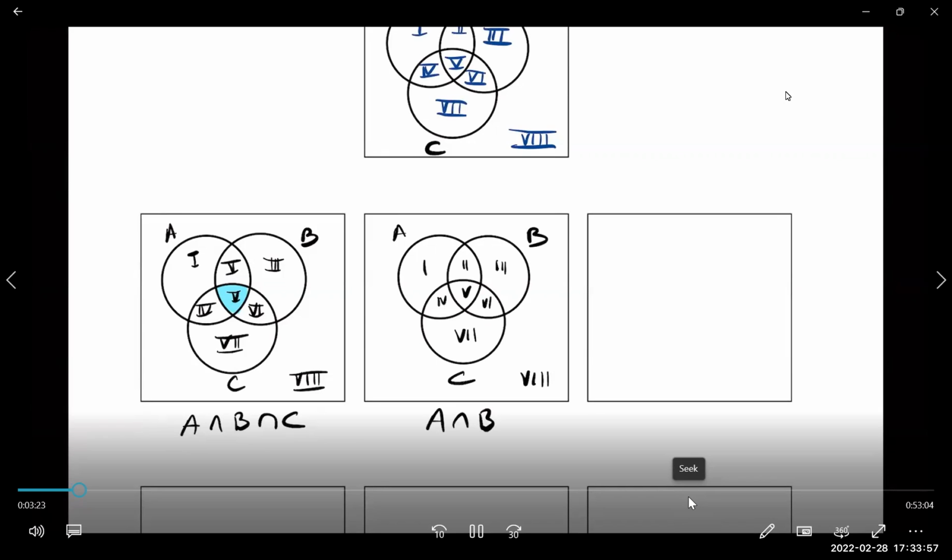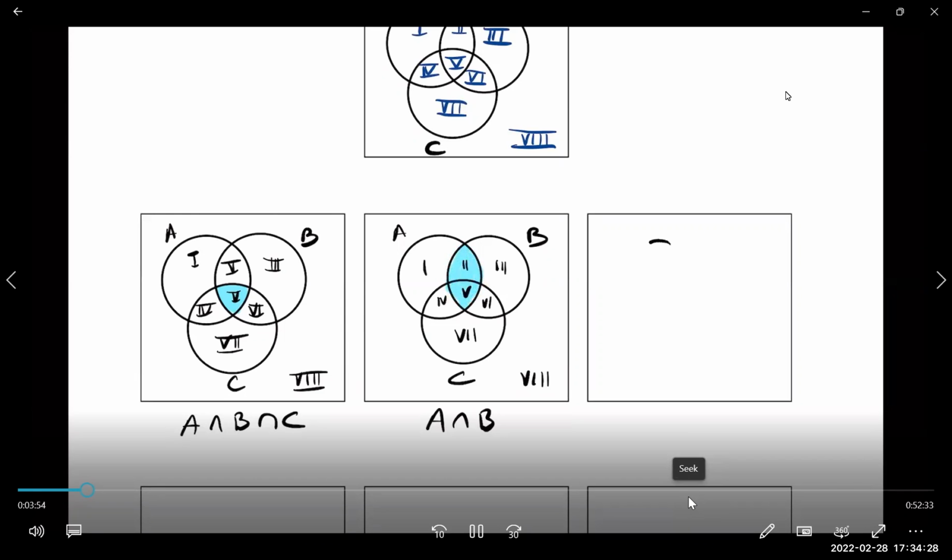Anybody know what regions would include A intersect B? 2 and 5. Yeah, 2 and 5. These 2 right here would be the intersection of A and B. Very good. So it's only where the A and the B overlap. Okay. So that would be those 2.